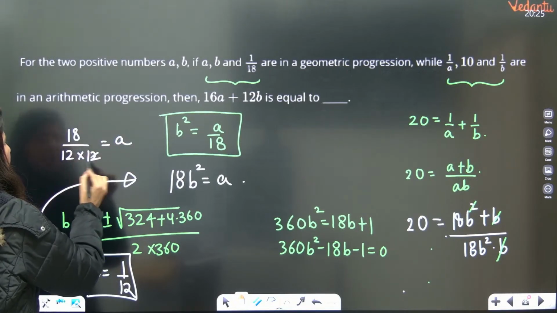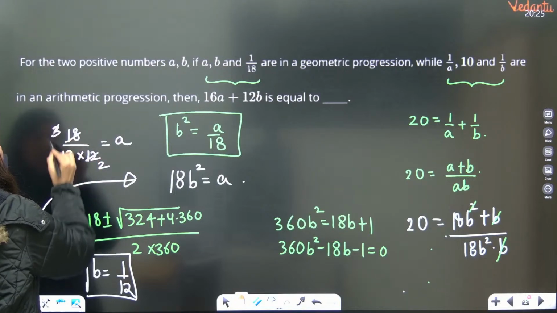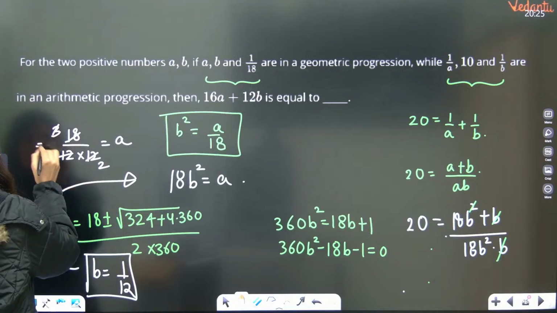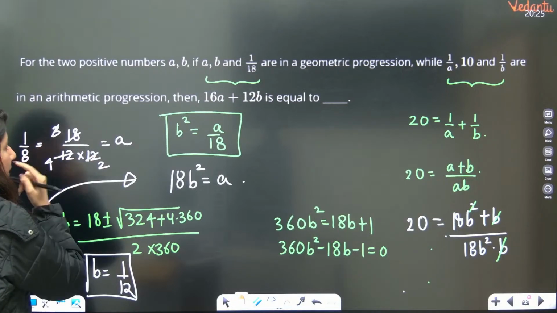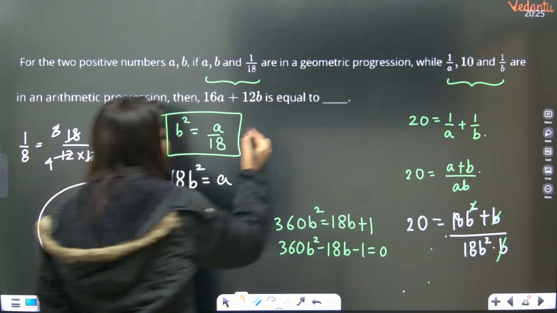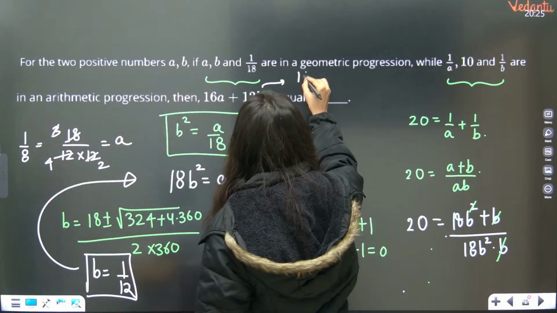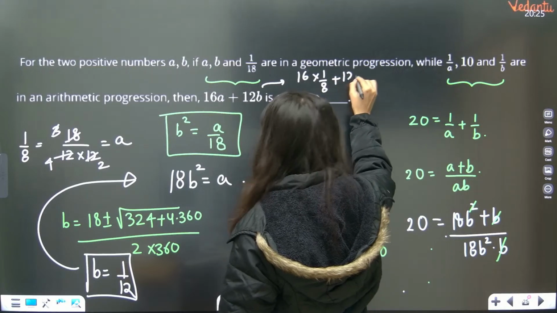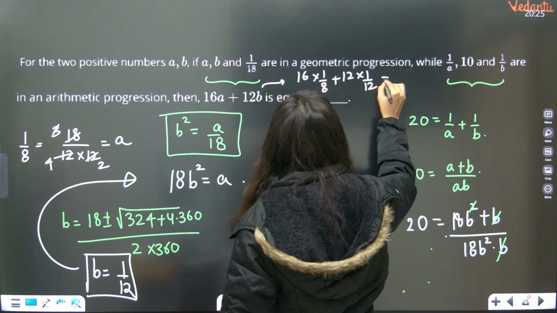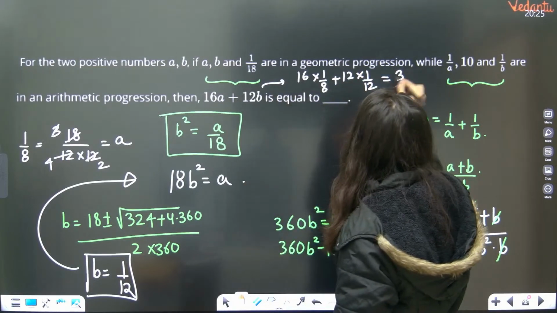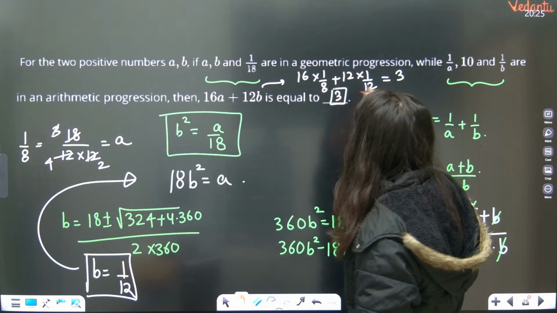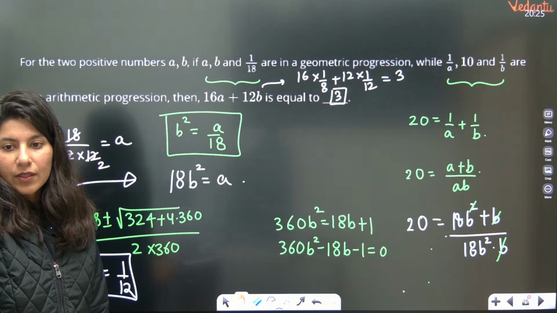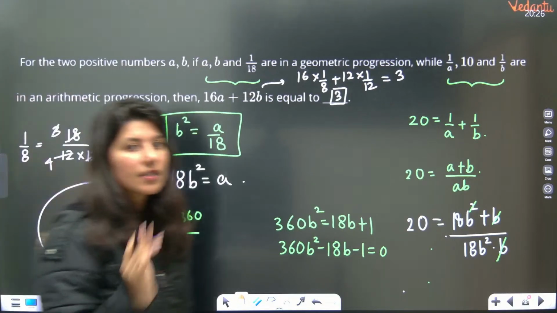So 6 1s are 6, 6 2s are 12, 6 3s are 18, 3 4s are 12. So 1 upon 8. A is 1 by 8, B is 1 by 12. So the correct answer is 16 into 1 by 8 plus 12 into 1 by 12. So this is 2 plus 1, 3. 3 is absolutely right. Okay, getting it, understanding it?